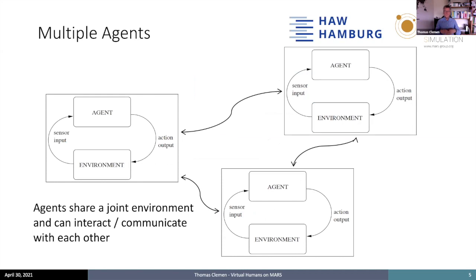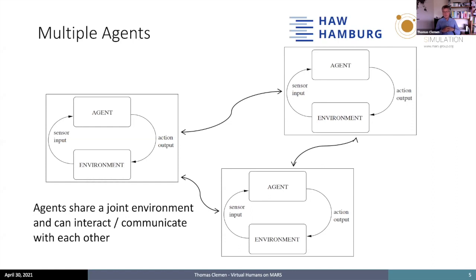If you're scaling up to multiple agents, then we are blueprinting this pattern of agents interacting with their environment, and placing some kind of interaction and communication in between. The interesting part, and this is probably not new to this group, is that agents usually share a joint environment.